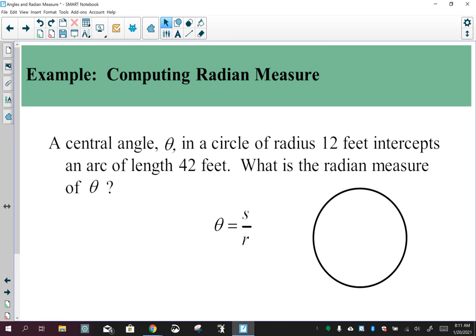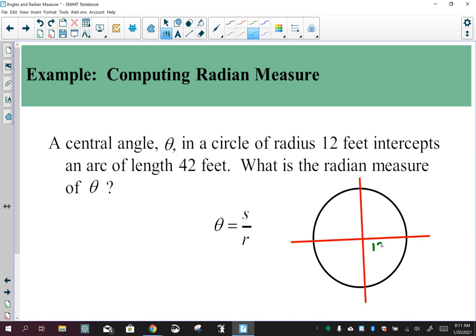And so what I'm going to do is I have a central angle theta in a circle of a radius of 12 feet that intercepts an arc of 42 feet. So here is my XY axis. I know that this radius is going to be 12 feet.